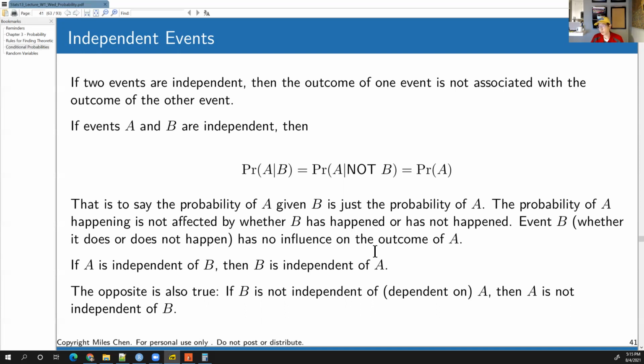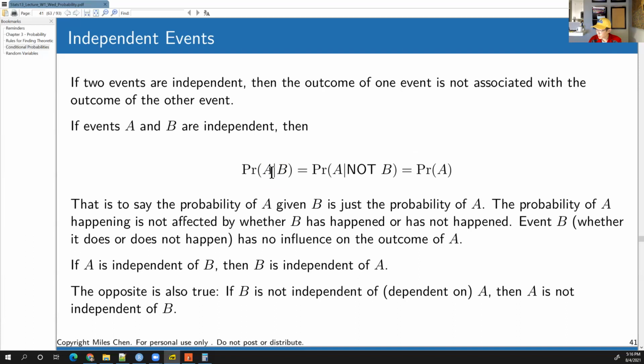So if you have events A and B, and we say these two events, A and B, are independent, what that means is that the probability of A given B is the same as the probability of A given not B. So whether B has happened or hasn't happened, the probability of A happening is just the probability of A. The probability of A, if B has happened, is no different than the probability of A happening if B hasn't happened, right?